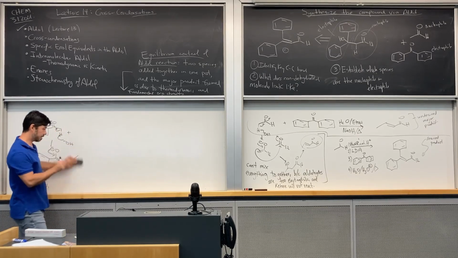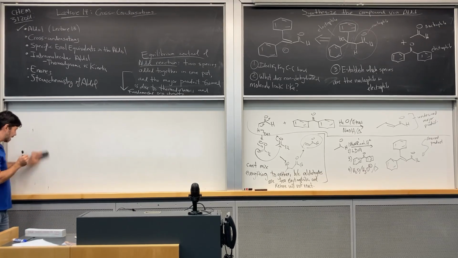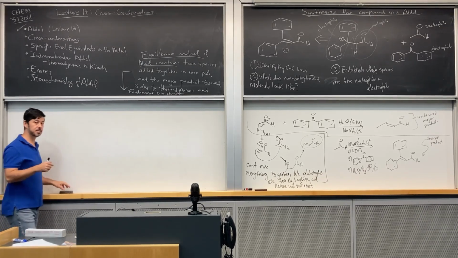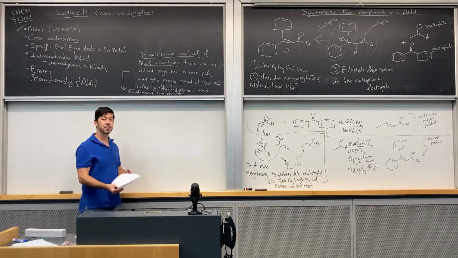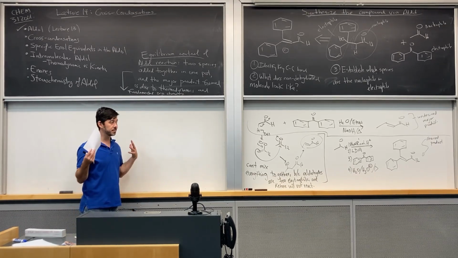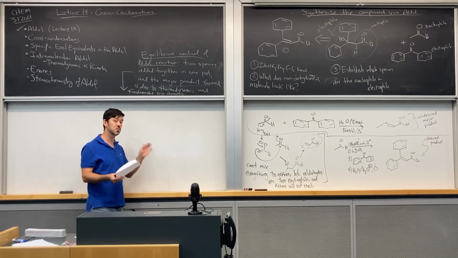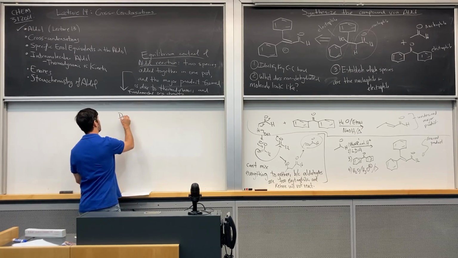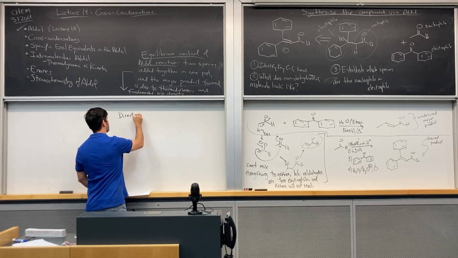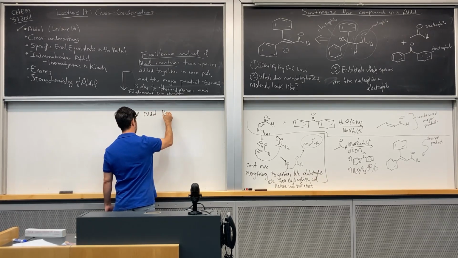And as the name implies, you're directly controlling which components you're adding, and when, so that you don't get the undesired major product based on the rules of which one is more electrophilic and which one is more nucleophilic. You control that. So, directed aldol reaction.